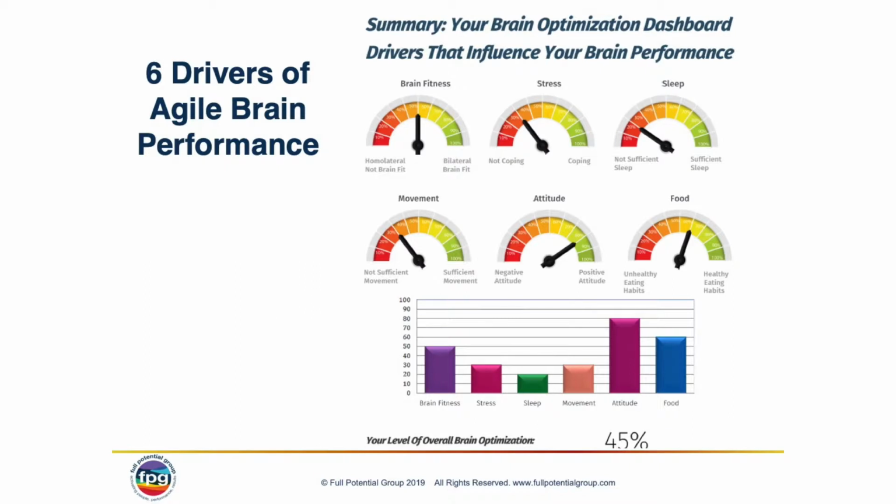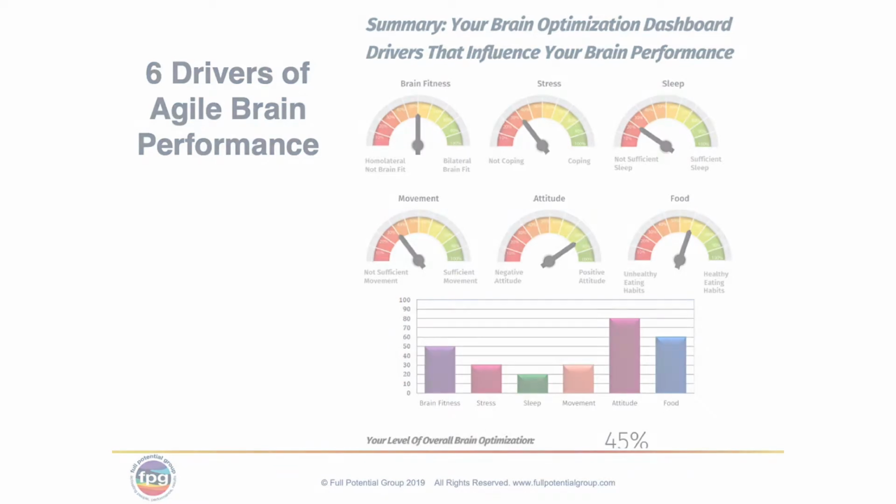So the scary thing for some people is you get an overall brain fitness score. You also get a score for how well you manage stress, a score for your sleep, a score for movement, a score for your attitude, and a score for your food. But then that gives us an overall brain performance score, and you get a neuro-agility score.